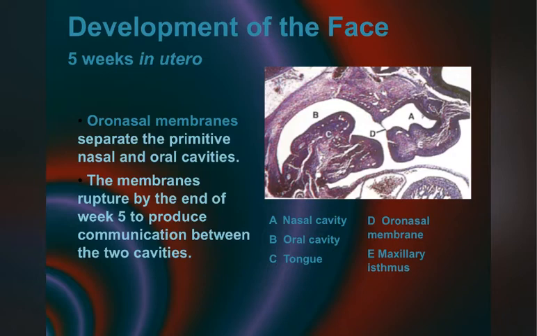In this section also we can identify the tongue here, which is attached to the mandibular process. This is the mandibular process. Also we can identify what is called maxillary isthmus, which is part of the medial nasal process, where it will later on meet up with the maxillary process.